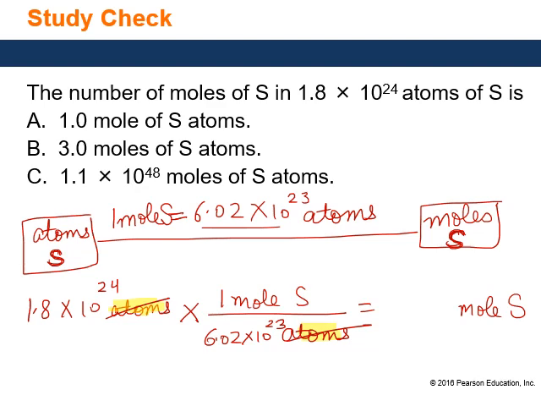When you plug this into your calculator, one important thing to remember is to make sure you understand how to plug in these exponents into your calculator, first thing. Second thing, if you're dividing by the exponent, please make sure you put this in parentheses. So what you want to plug into your calculator is 1.8 times 10 raised to power 24, multiplied by 1, which is the same number, divided by this number, but put this number in parentheses, 6.02 times 10 raised to power 23, and then hit the answer key.